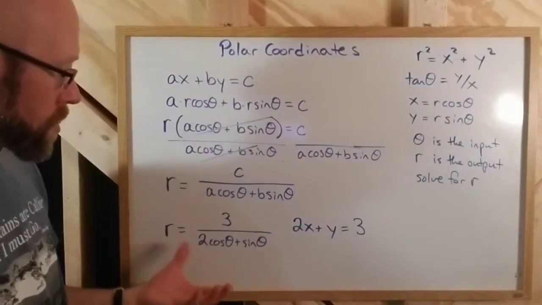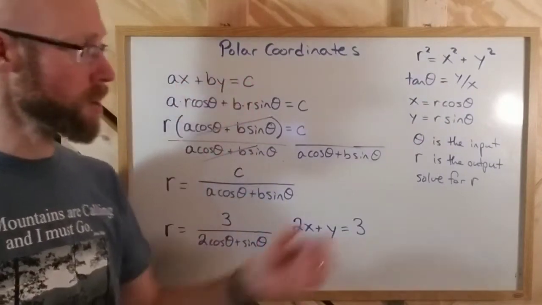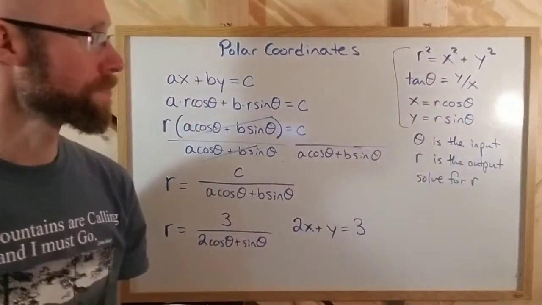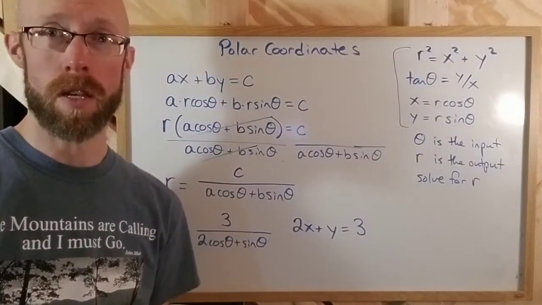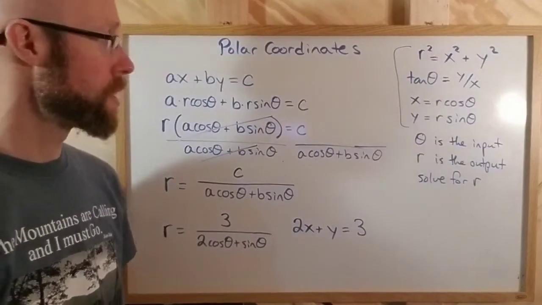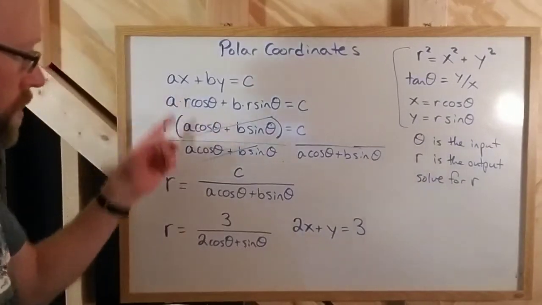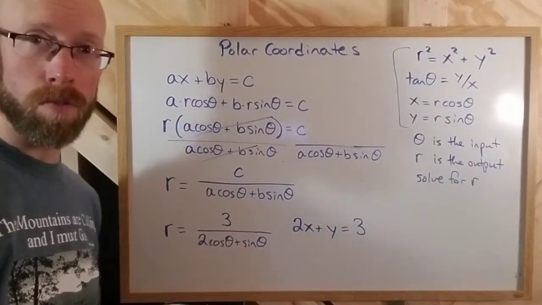Okay? So we can convert between polar and rectangular equations now using our four formulas. Now sometimes a polar equation is easier. Sometimes the rectangular equation is easier. This is an example where I think the rectangular equation is easier to work with than the polar equation.